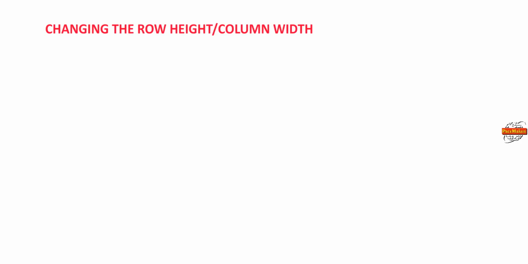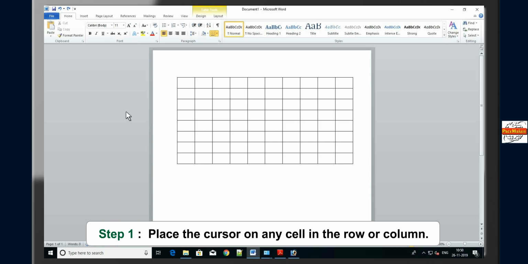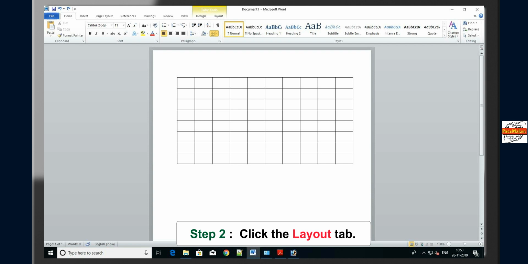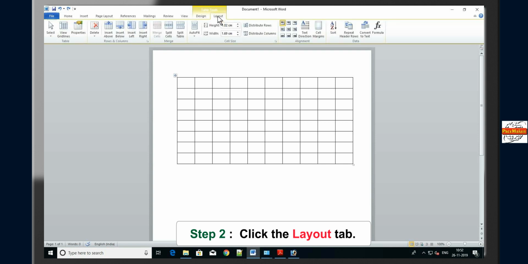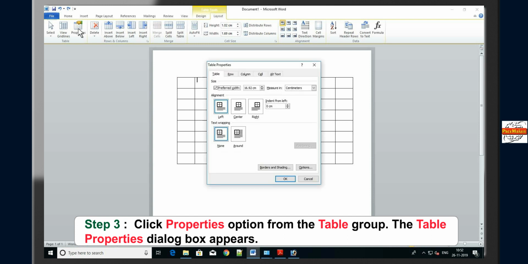Changing the row height and column width. You can increase or decrease the row height or column width of a table by following the given steps. Step 1. Place the cursor on any cell in the row or column. Step 2. Click the Layout tab. Step 3. Click the Properties option from the Table group.